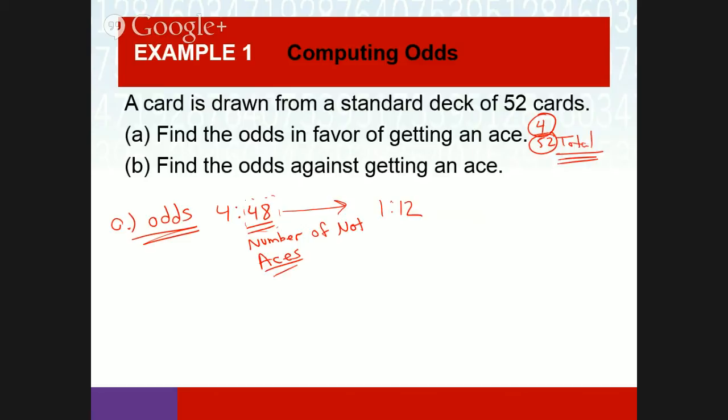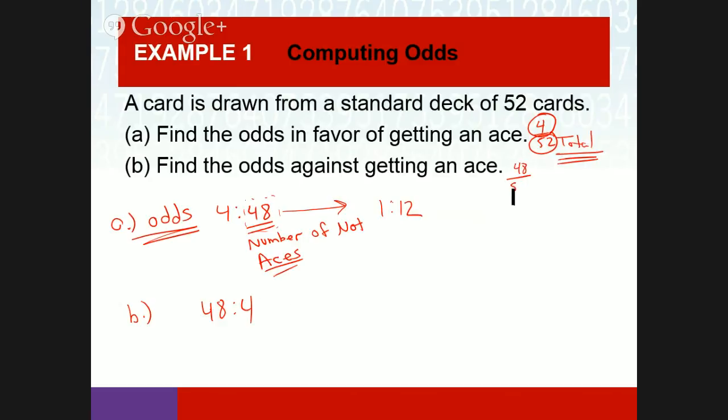What about B? The odds against getting an ace. 48 to 4, right? 48 cards are not aces, and 4 of them are aces. So the odds against getting an ace would be 48 to 4. What would be the probability?